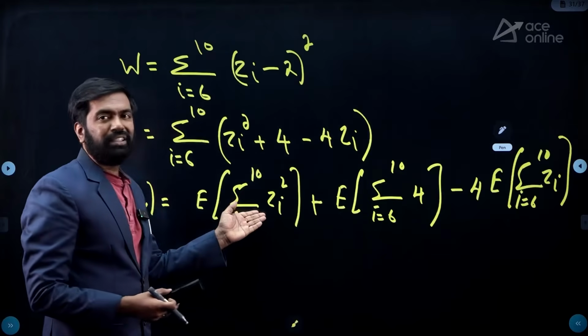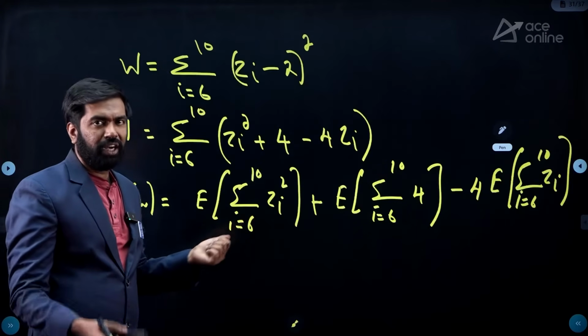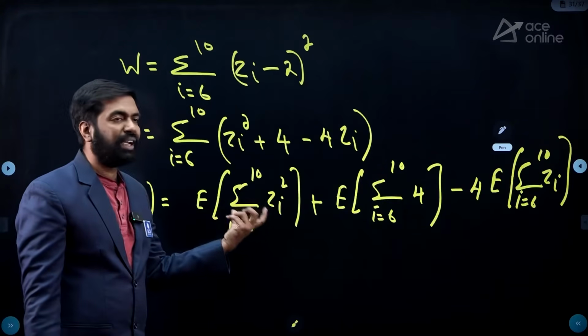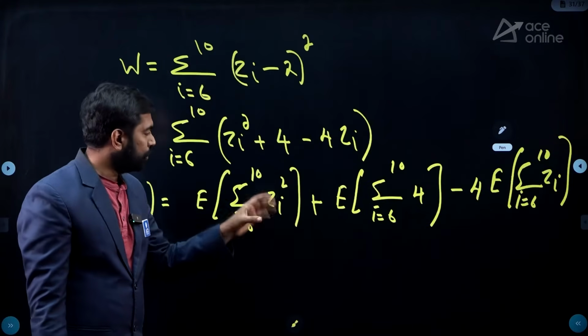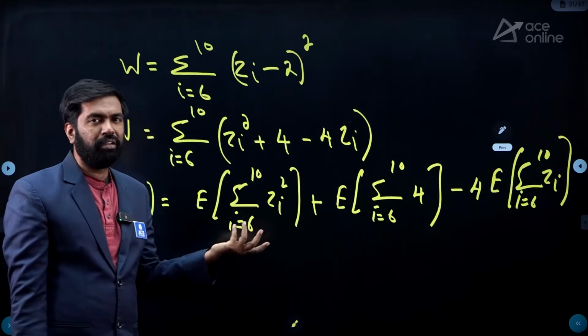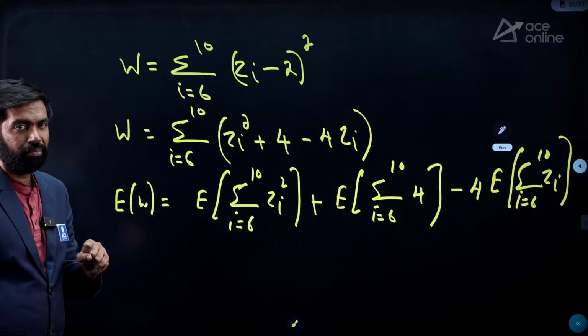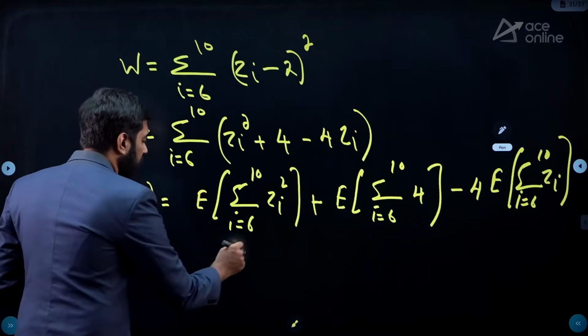Now this is again resembling the sum of squares of standard normal random variables, which is nothing but a chi-square random variable. So this summation, if you see, is a chi-square random variable with again 5 degrees of freedom. So expected value of that will be 5.